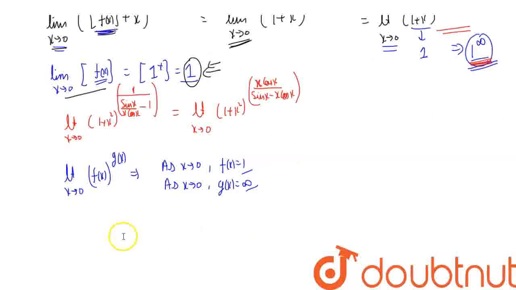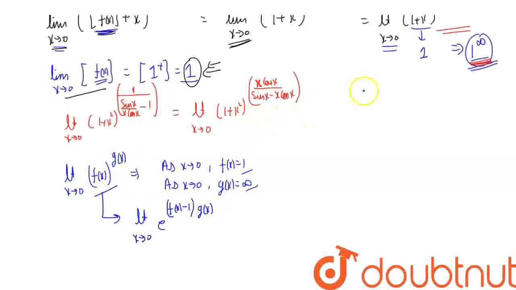In order to solve this indeterminate form, the limit would be equal to the limit as x tends to 0 of e whole to the power f of x minus 1 whole multiplied with g of x. So whenever we get the form 1 to the power infinity, that limit can be written as the limit as x tends to 0 of e to the power f of x minus 1 times g of x, where f of x is the base and g of x is the power.